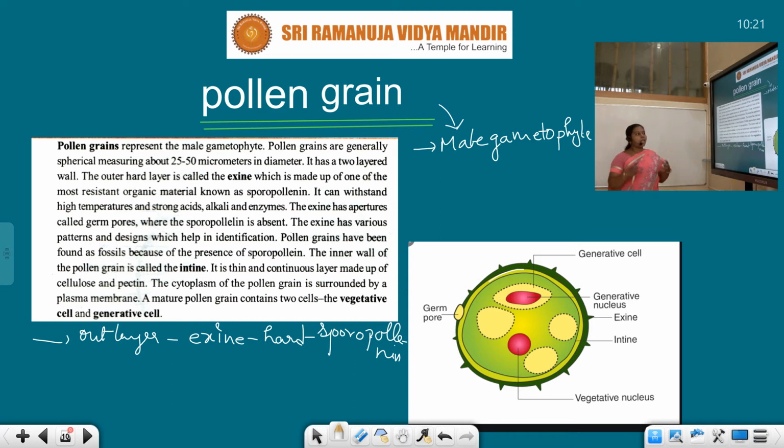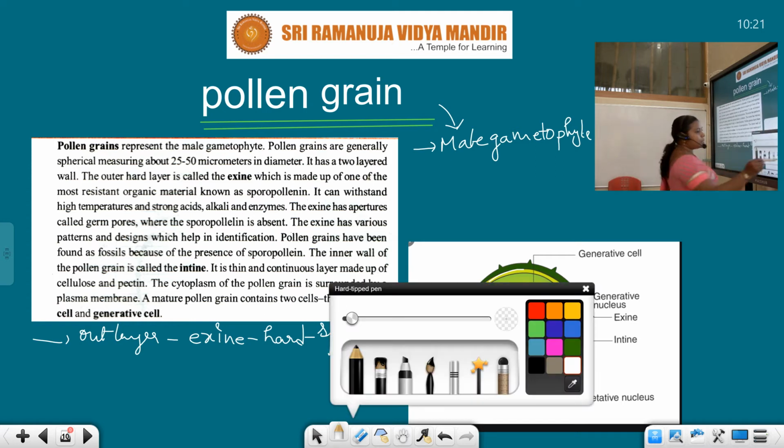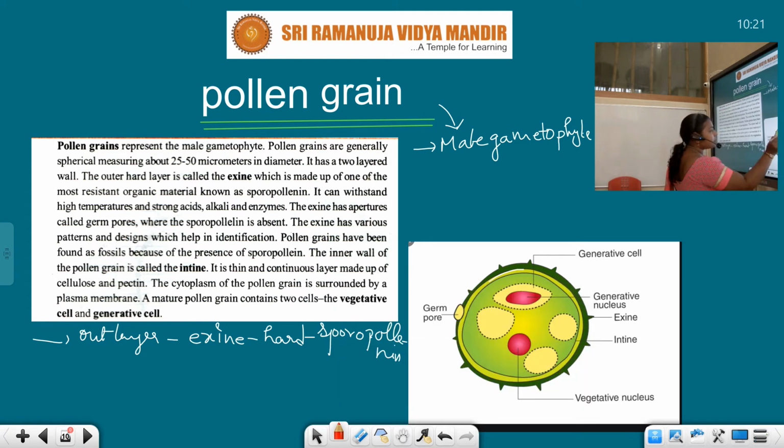The exine has apertures called germ pores. See students, this is the outer layer, known as exine. It is very hard in appearance. Why is it so hard?